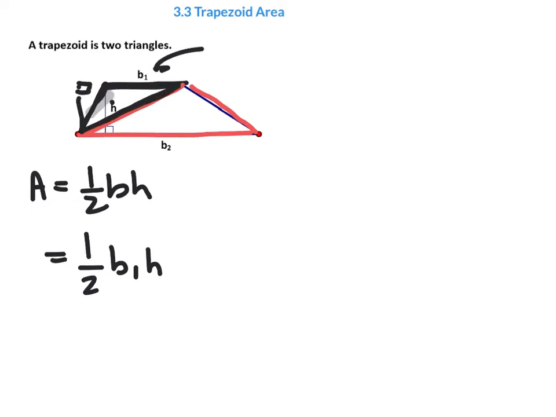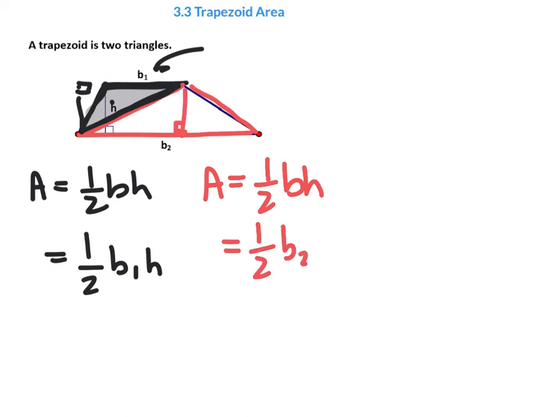And that would calculate all of this region for us. In a likewise manner, the other triangle would be 1/2 its base times its height. And its base would be B2. And again, its height is that same h, isn't it? So if we were to find those 2 areas added together, we would get the area of that original trapezoid.